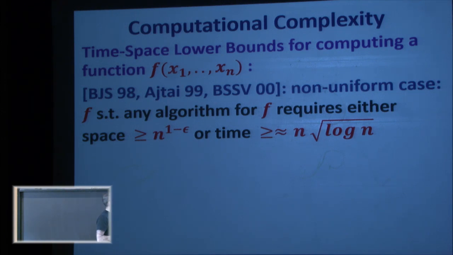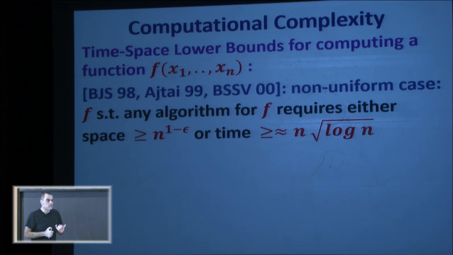And this line of research gave an explicit example for a function f, such that any algorithm for f requires either space larger than n to the 1 minus epsilon or time larger than n times square root of log n over log n, or something like that.